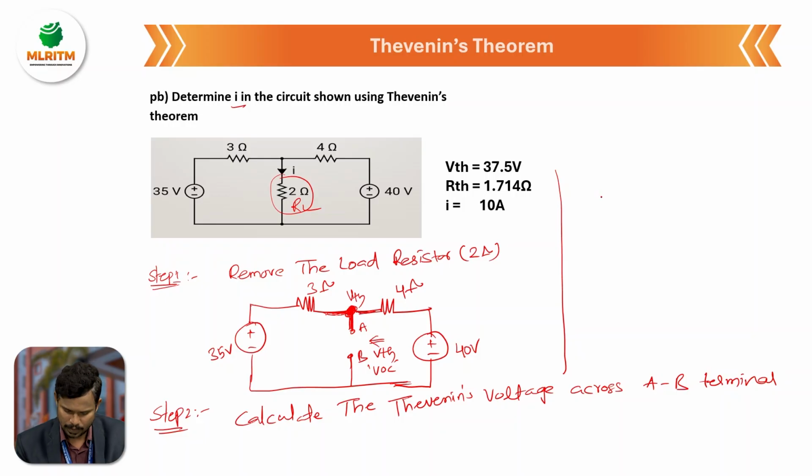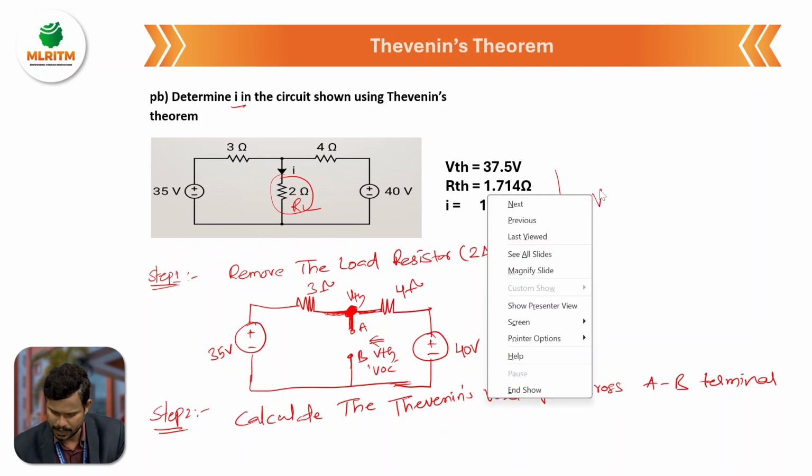First we need to write the node equation. VTH is the unknown voltage, and 35 volts and 40 volts are the known voltages. So VTH is assumed to be at a higher potential, and we apply the node equation at VTH.